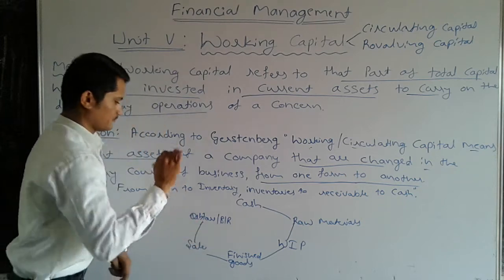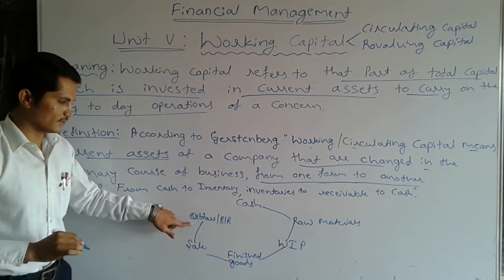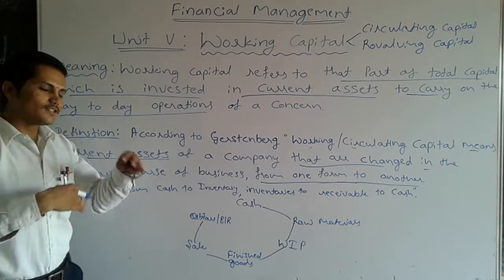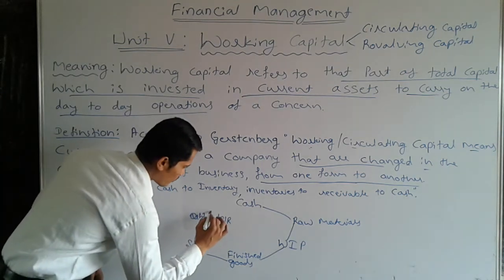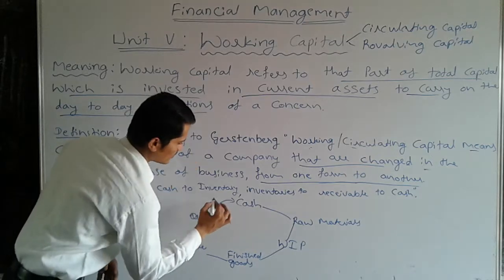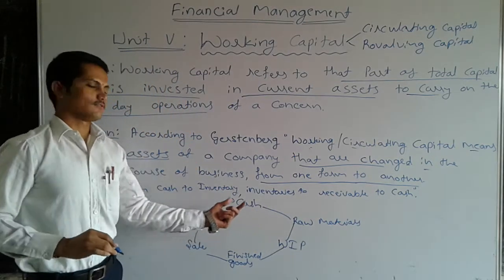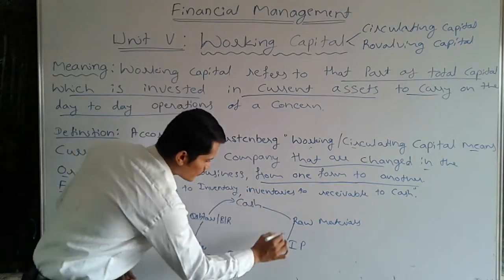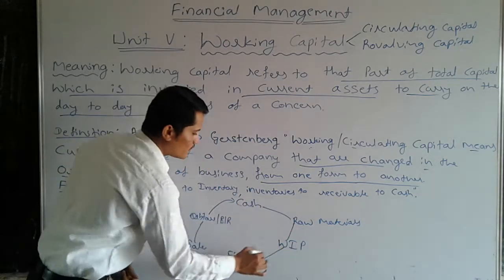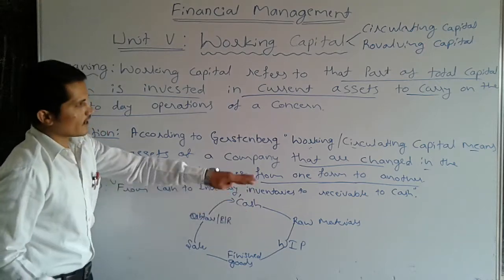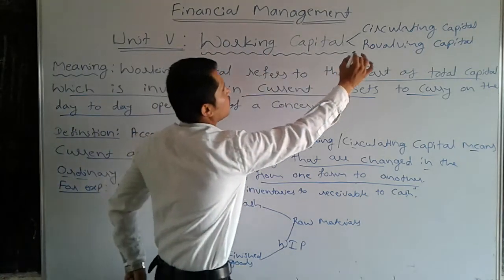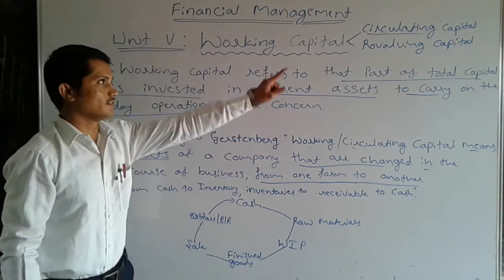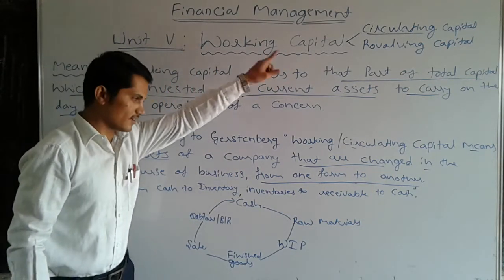The sales are converted into debtors or bills receivable, and after receiving cash from the debtors, it is converted into cash. That means debtors are converted into cash. It is one full circle. That's why working capital is called circulating capital.